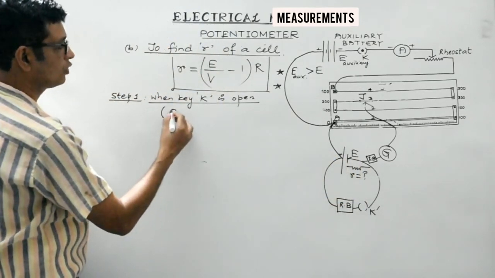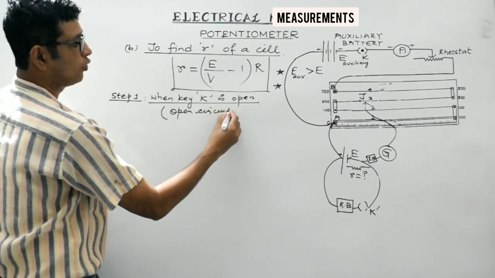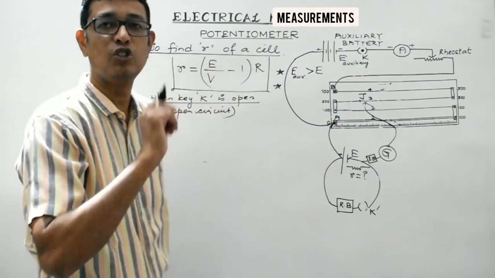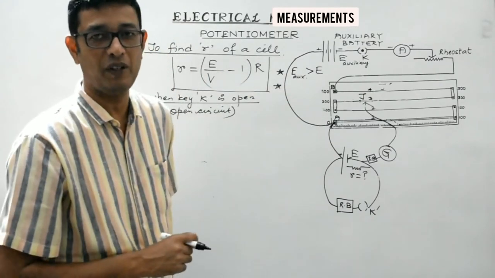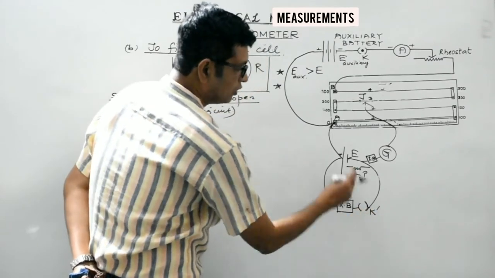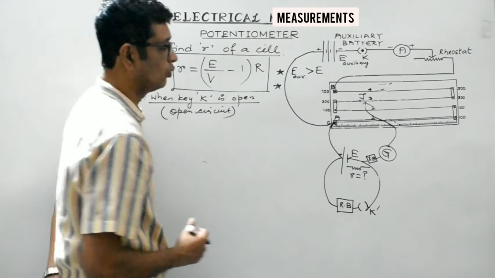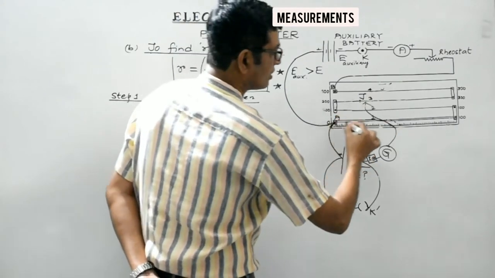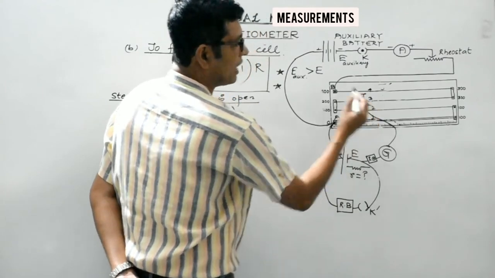So it is the case of an open circuit. So in the case of open circuit, EMF will come into play. In the case of closed circuit, potential difference will come into play, isn't it? So when the key K dash is open, no current will be drawn from this particular cell. So what we do is slide the jockey over the standard resistance wire. And suppose this is where the balancing length is obtained.